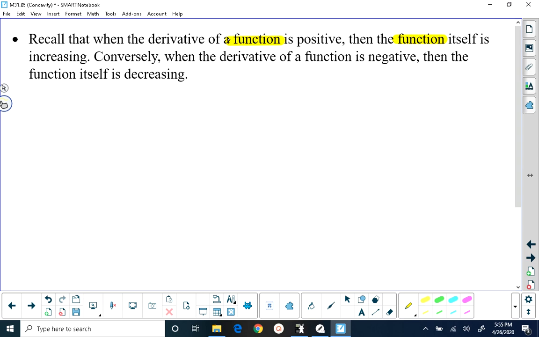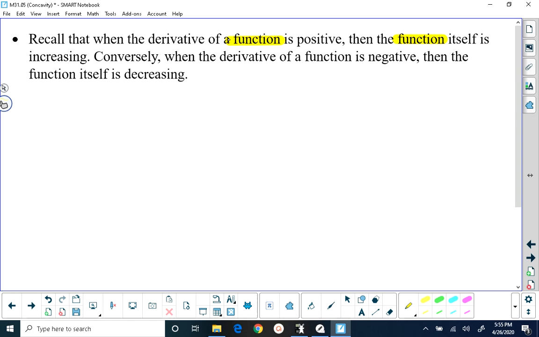And I want to try to give this to you in a very general sense. If I found the derivative of velocity to be positive, then that's telling me that velocity is increasing. If I found the derivative of electrical current to be positive, then electrical current would be increasing.